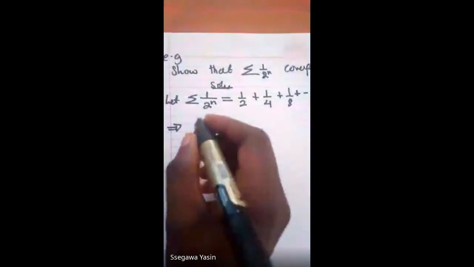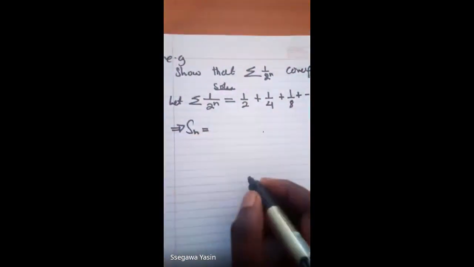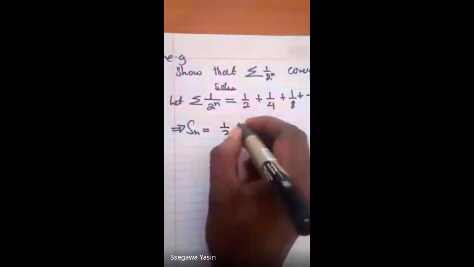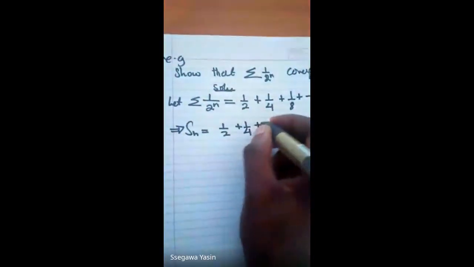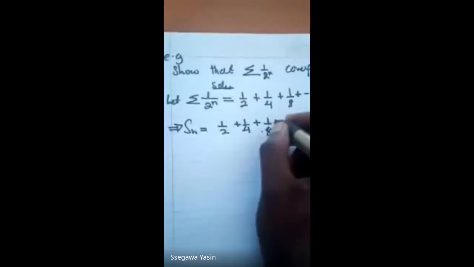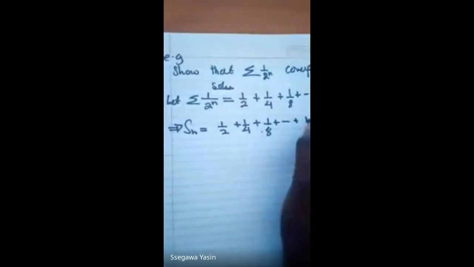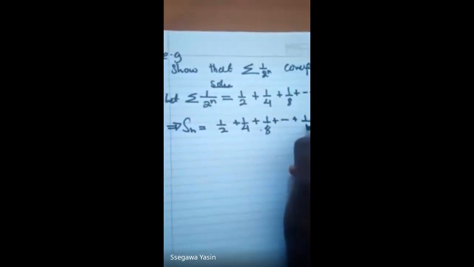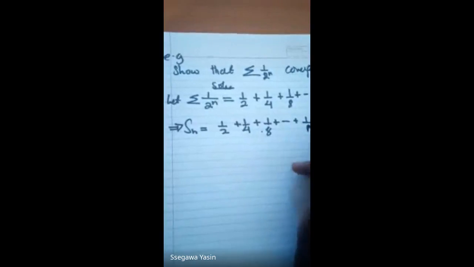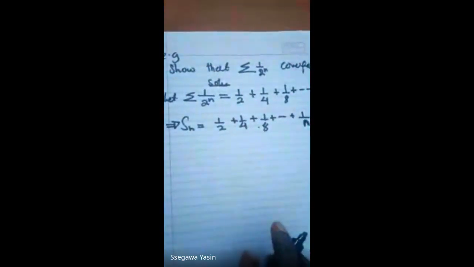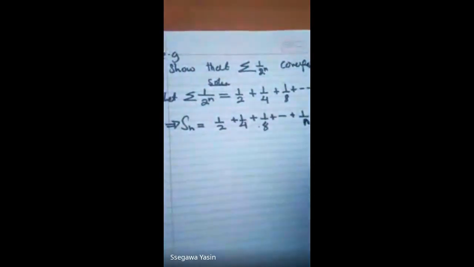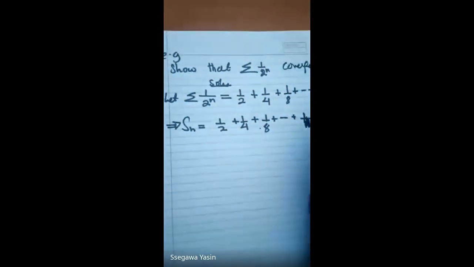So our partial sum can be a half plus a quarter plus 1/8 plus up to 1/2 to the n.